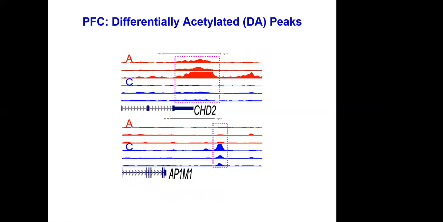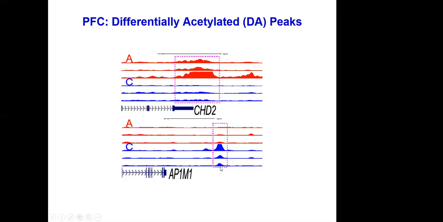And in terms of differential peaks, this is the kind of thing we wanted to find. These are 2 gene loci. In the upper locus, you can see that in the autistic individuals, you have a very nice ChIP-seq peak at the 3' end of the CHD2 gene, and virtually no ChIP-seq, virtually no histone acetylation in the control individuals. This is a dramatic difference between autistic and control brain. And down below, you have the opposite difference in the AP1M1 gene locus.